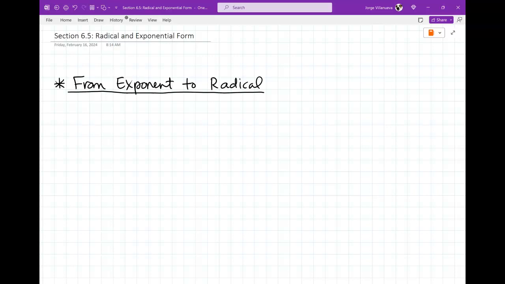All right, so this is what's going to happen. They're going to give you something that's going to look probably like this. They don't always have to use a parenthesis, but most of the time they do. If they don't, you can go ahead and put a parenthesis around it. They're going to give you a value.